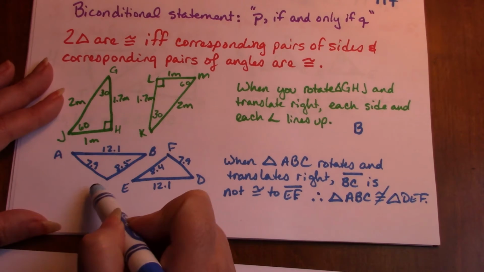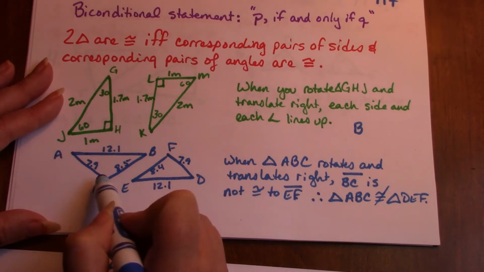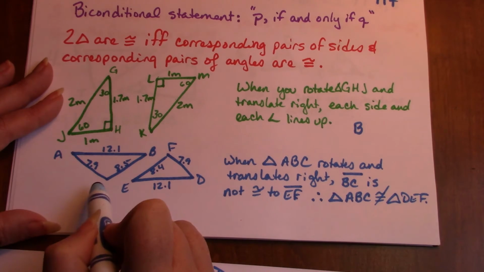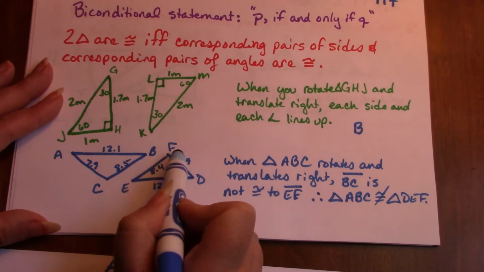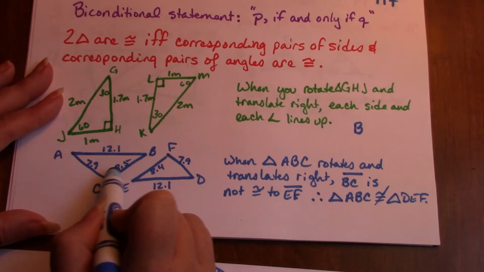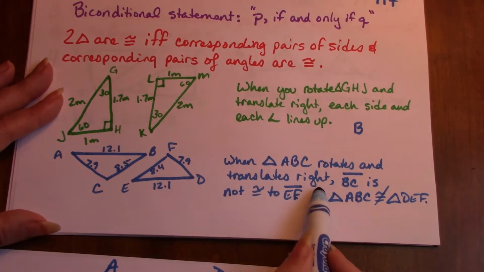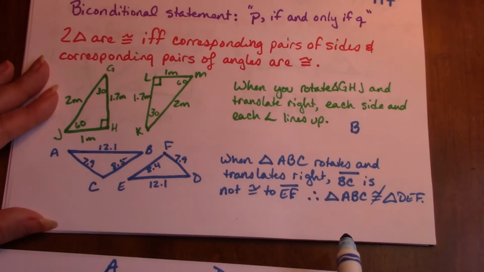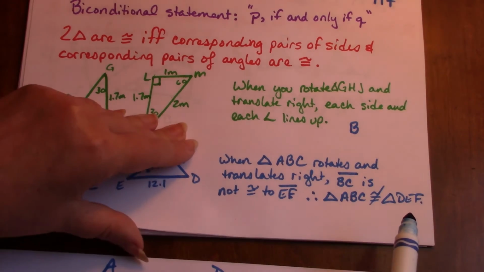When triangle ABC rotates and translates right, line BC is not congruent to line EF, 8.5 and 8.4. Therefore, triangle ABC is not congruent to triangle DEF.